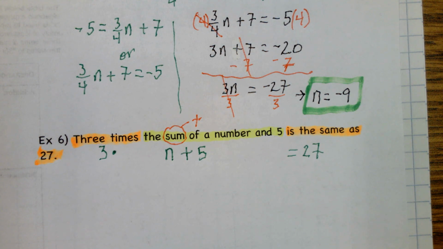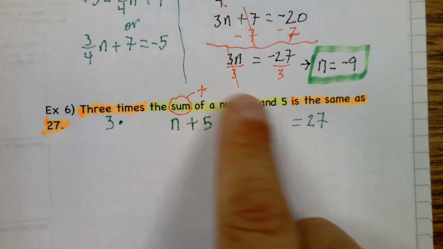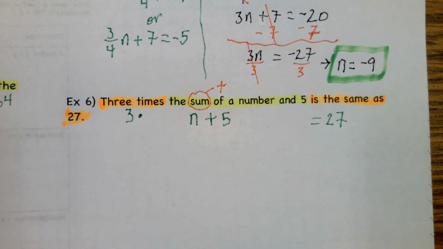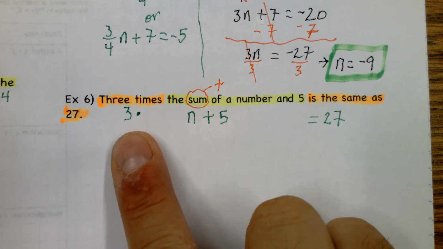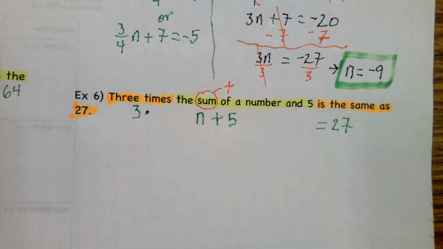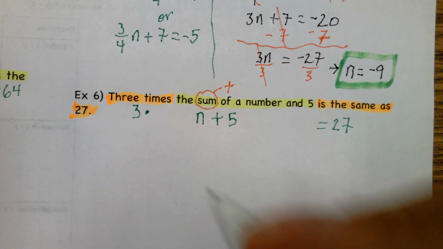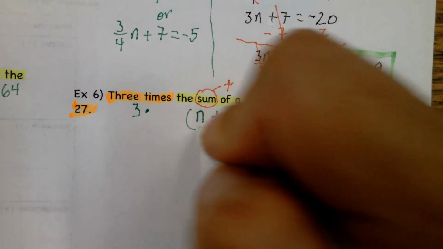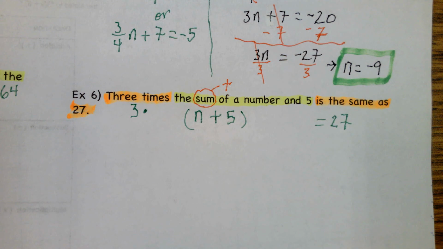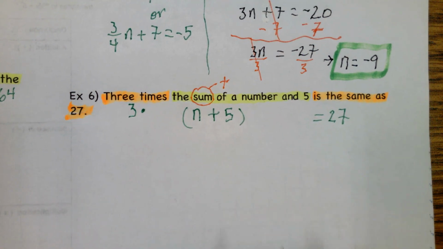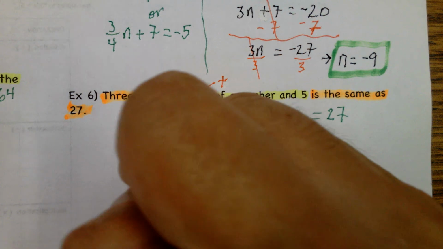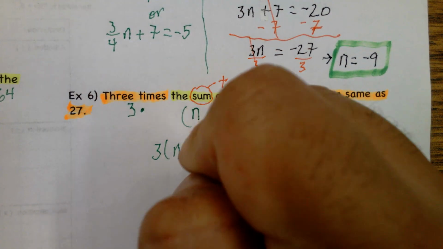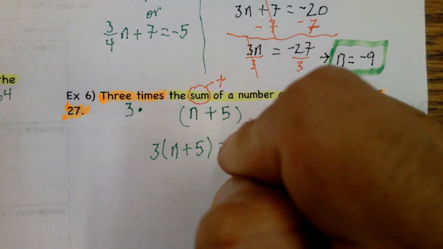So 3 times the sum of a number and 5 is 27. This 3 has to be multiplied with all of n plus 5. How do we take care of that? What are we multiplying 3 with? N or 5 or both of them? Both of them. How do we do that though? Distributive property. So whenever we see something like this with the word sum, it's telling us to use the distributive property. We're going to write it this way. So this is 3 parentheses n plus 5 equals 27.